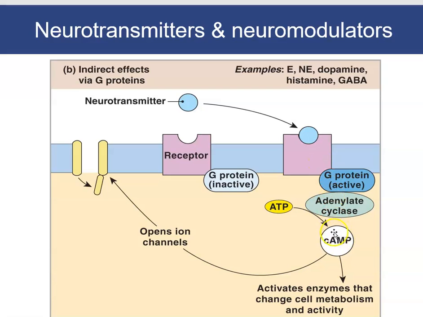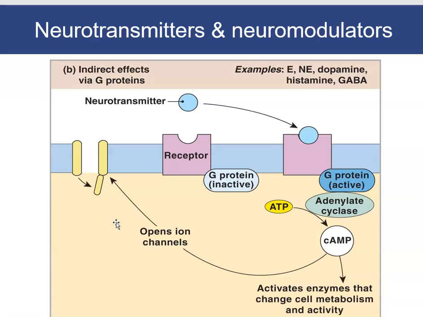And then the second messenger will be either ions or molecules that are either produced or released inside the cell as a result of the first messenger. It is the second messenger that ends up opening the ion channels. So this is indirect. The neurotransmitter indirectly opens those channels through a second messenger.